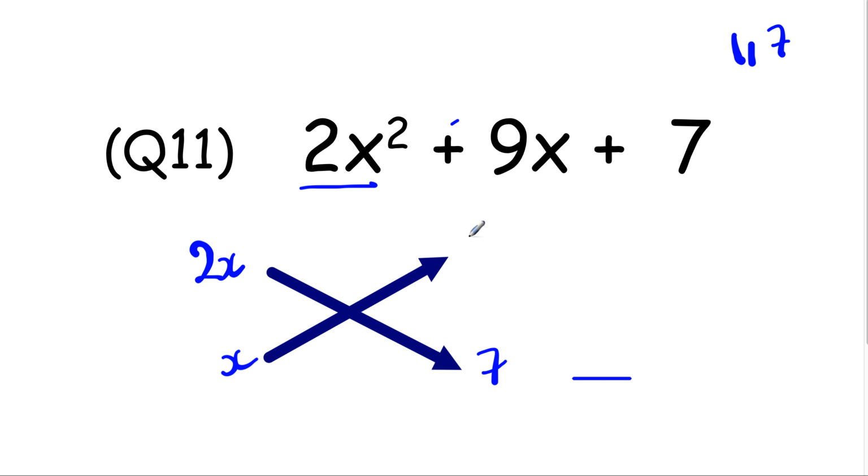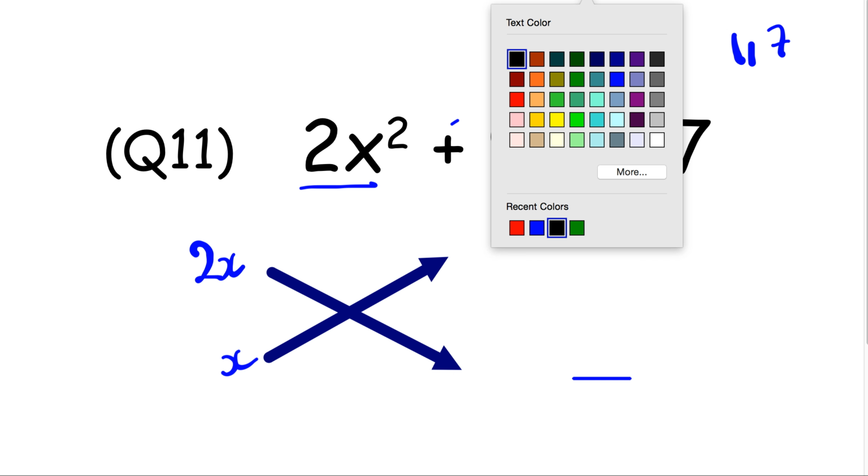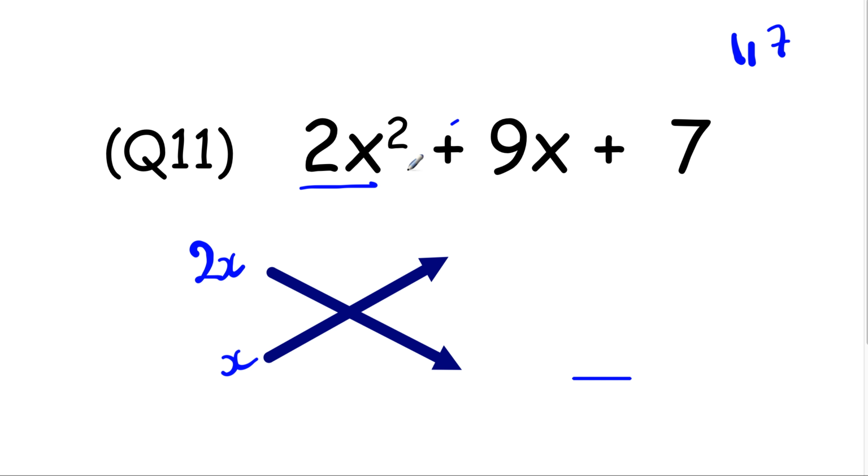So if I place 7 at the bottom and 1 at the top, let's just take a look. I will get a 1x at the top and a 14x at the bottom. If I add them together, I get 15x, and that's not what I want. I want 9x. So it doesn't work. So let's rub that one out, and let's use red pen again.